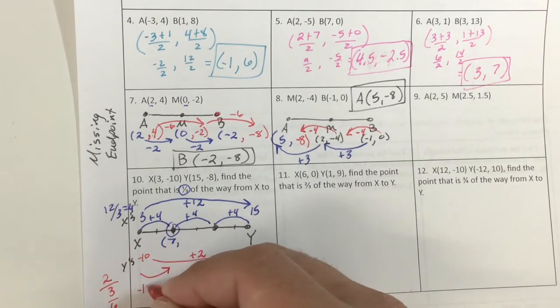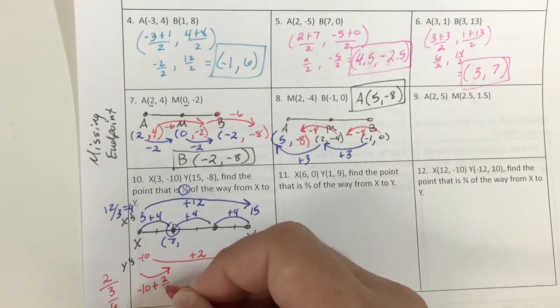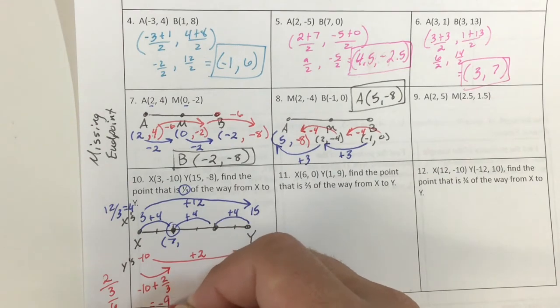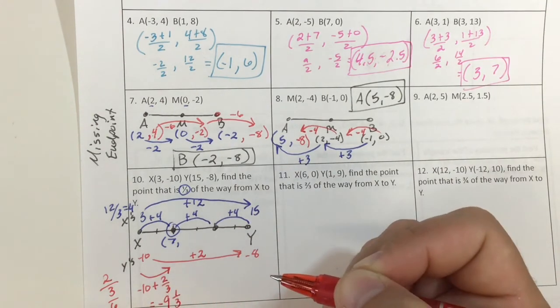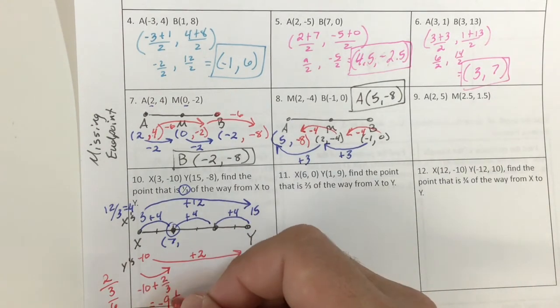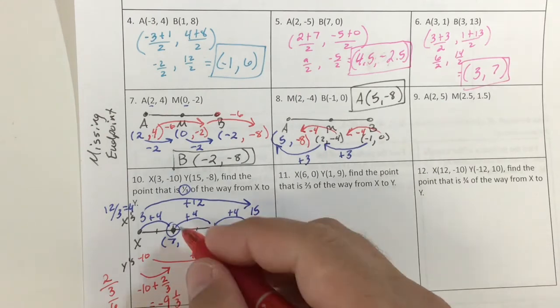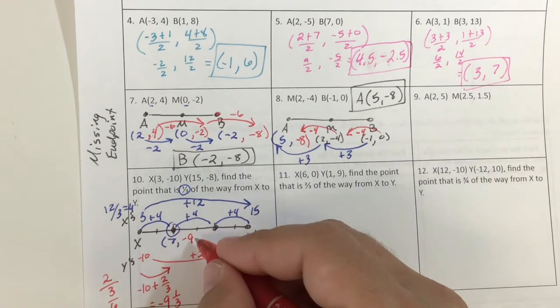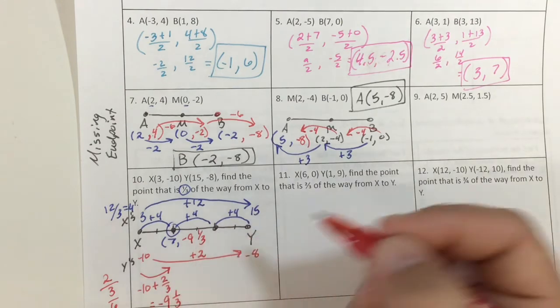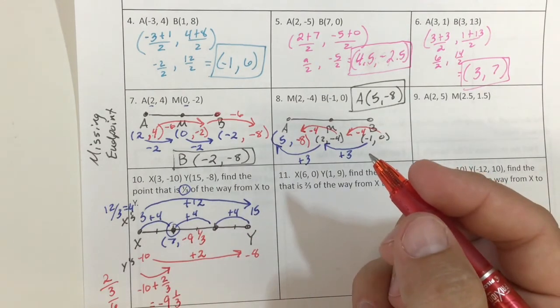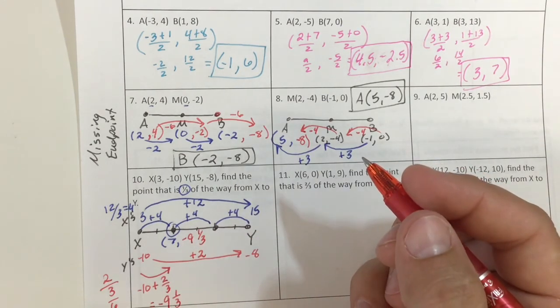So for this first one of adding 2/3 to -10, since we're taking a negative number plus a positive number, we're going almost over to -9, but not quite. This would equal -9 1/3. -10 plus 2/3 is -9 1/3. So that's my y value there.